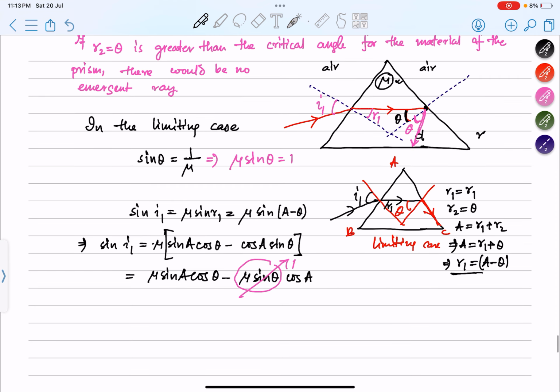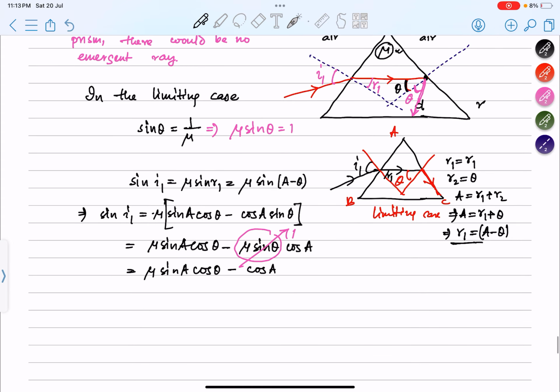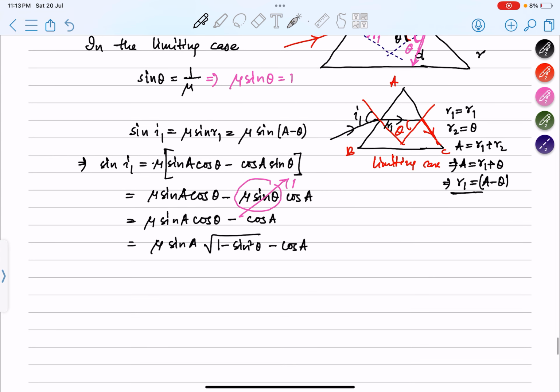So what can I write here? mu sine A cos theta minus cos A. Cos theta can be written as root over 1 minus sine square theta. So that can be written as mu sine A root over 1 minus 1 by mu square, minus cos A. Since sine theta is 1 by mu, sine square theta is 1 by mu square.